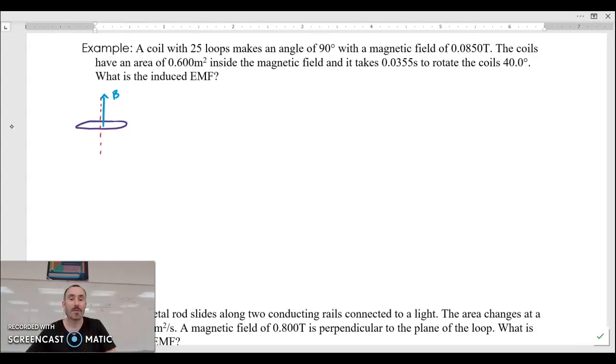Okay, but here's what happens when we rotate the coils 40 degrees. So this is our normal line, remember that? And we are rotating that normal line 40 degrees. So now our normal line, sorry, I have to cock my head to properly draw this, is over here. So we've rotated it 40 degrees.